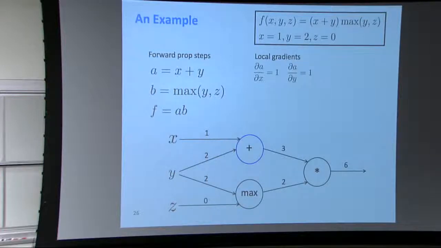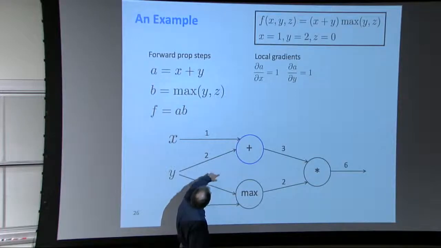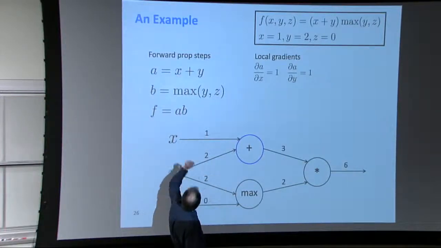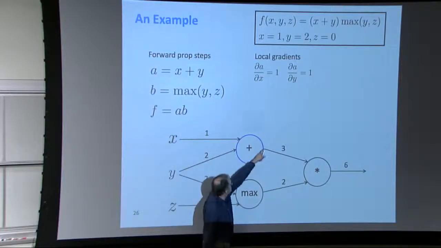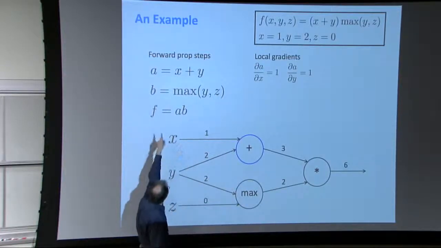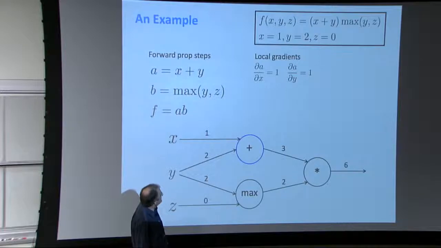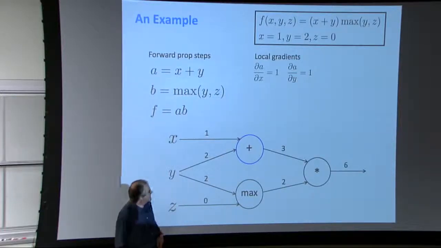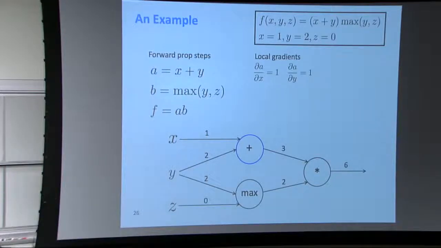Okay, so the next step is we want to run backpropagation to work out gradients. So we want to work out these local gradients. A is the result of the sum, so A equals x plus y. If you're taking dA/dx, that's just 1, and dA/dy is also 1.